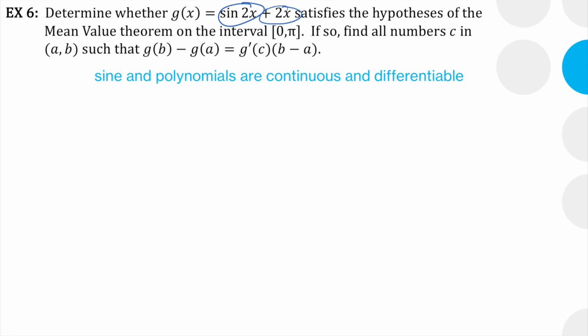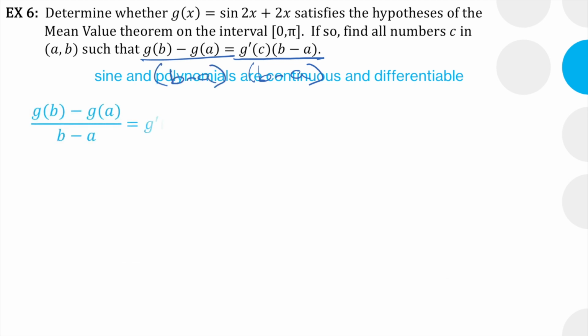Now we need to find all numbers c such that this. That looks confusing to me, but if I divide both sides by b minus a, this is what it looks like. That makes more sense to me because we have here the slope of the secant line, the average rate of change, and the slope of the tangent line, the instantaneous rate of change.